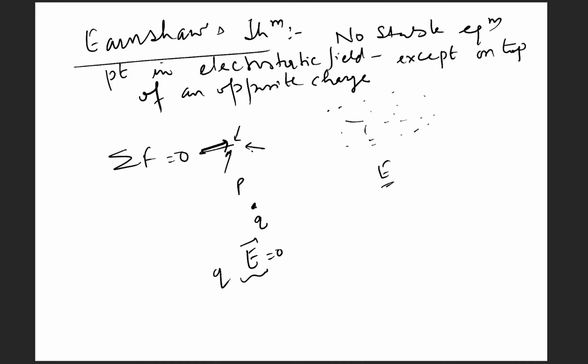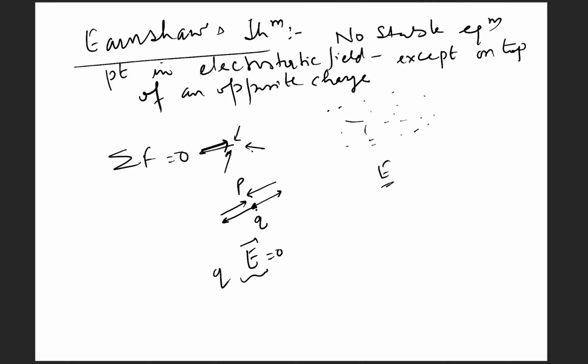However, now let us move it here in this direction. So if it is a stable equilibrium, what should happen? A force should appear which should again pull it back to this direction. Similarly, if I push it here, the restoring force should appear somewhere, which should again take it to this point.